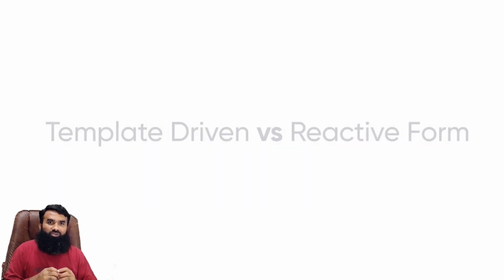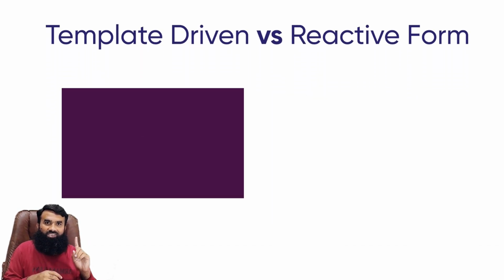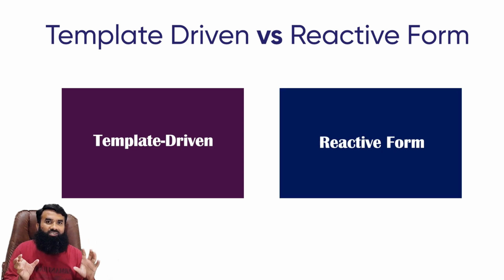Basically, in Angular there are two types of form. One is the template driven form and the other is the reactive form. There are some differences between these two, and based on different scenarios and conditions, we can decide which form is suitable for our current application and our current task.